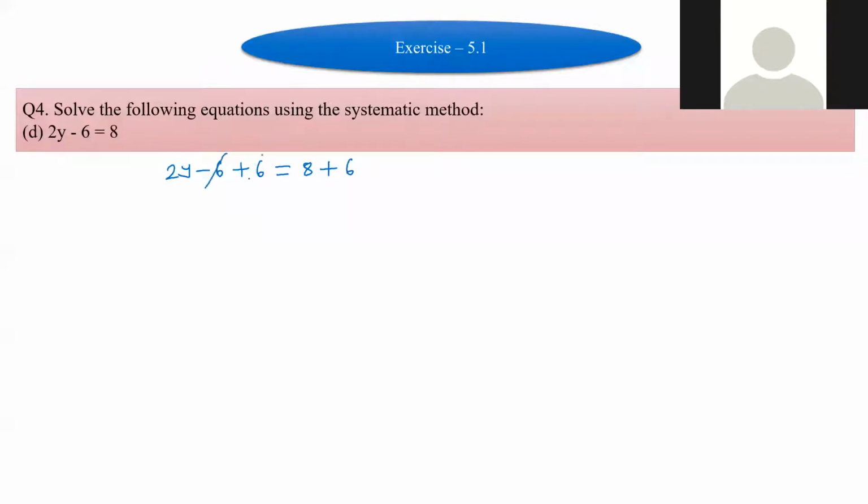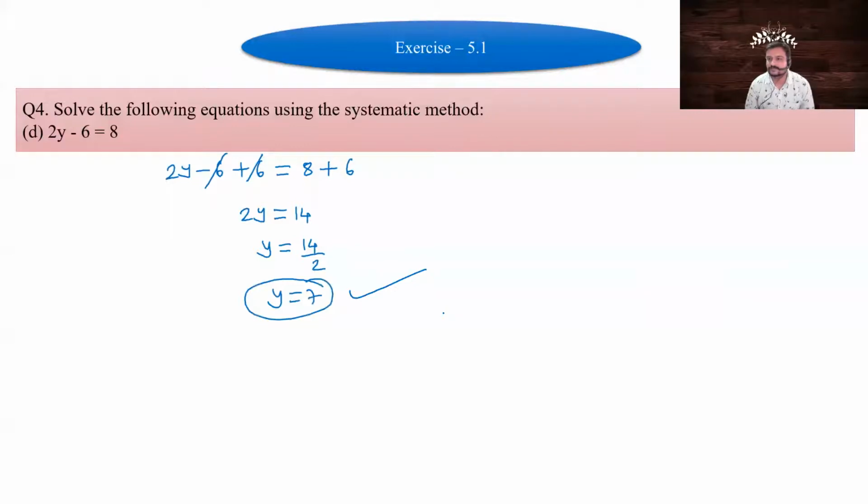So 6 will cut. It will be 2y is equal to 14. Then y is equal to 14 divided by 2. It is y is equal to 7. Correct. Y is equal to 7.